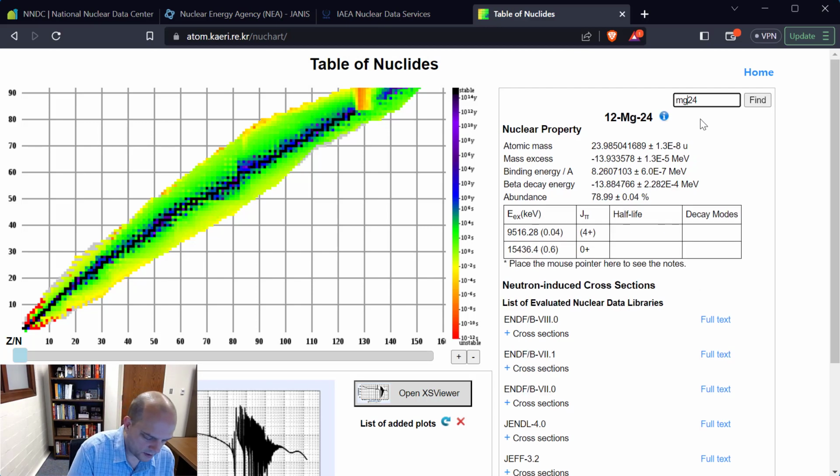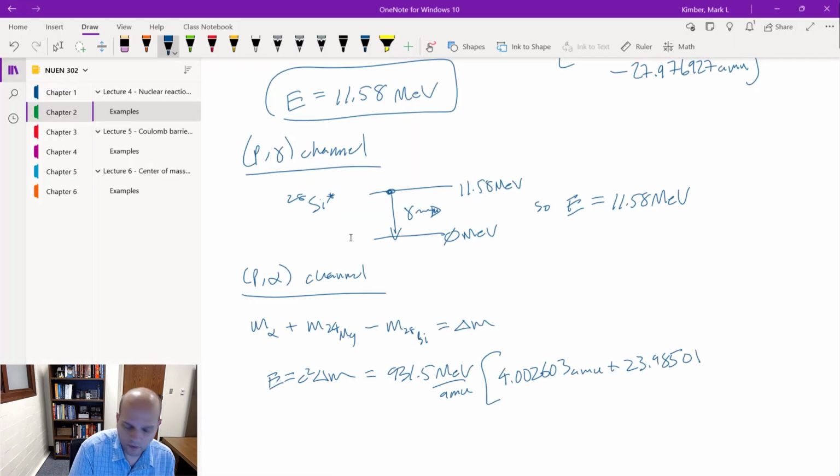Magnesium-24 is going to be 23.985042. And then I already have the silicon from before, which is going to be minus 27.976927 AMU.